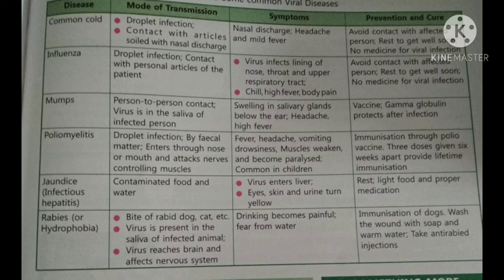Drinking becomes painful, because of fear of water. For prevention, immunization of dogs, wash the wounds with soap and warm water, and apply anti-rabies injections. You can wash your wounds with antiseptic washes and soaps.